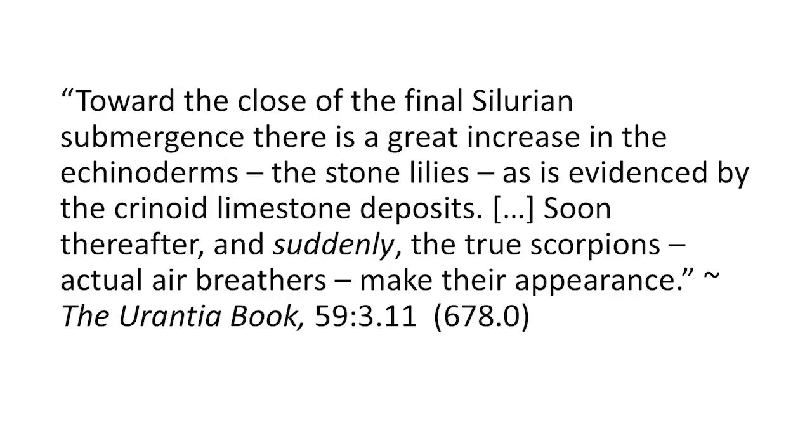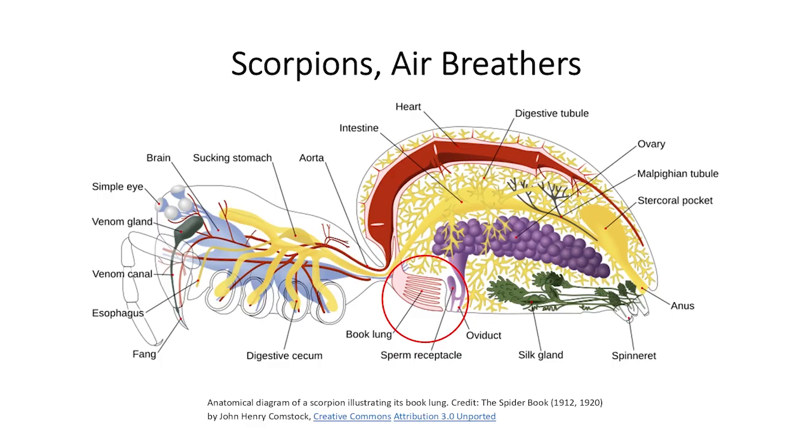Soon thereafter, and suddenly, the true scorpions, actual air breathers, make their appearance." HOX genes are considered the major genetic impetus to the development of air-breathing scorpions that suddenly appeared following domination of the seas by mollusks and cephalopods.